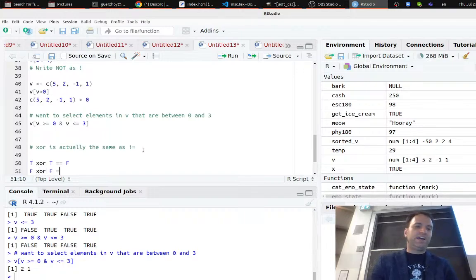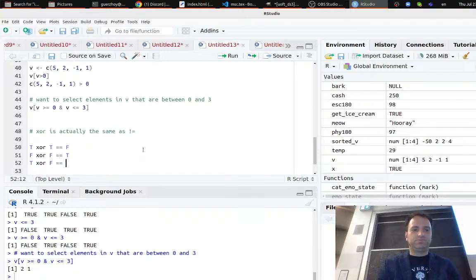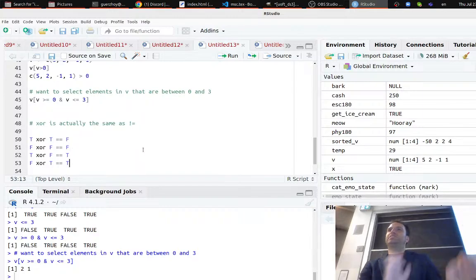This is more advanced material, but if you're interested, and then false XOR true is true. So that's XOR, like the English OR.